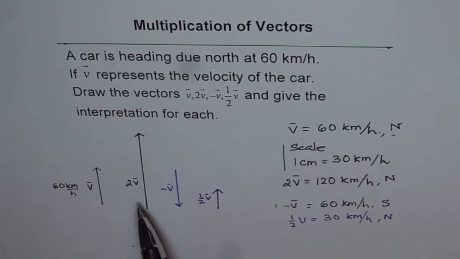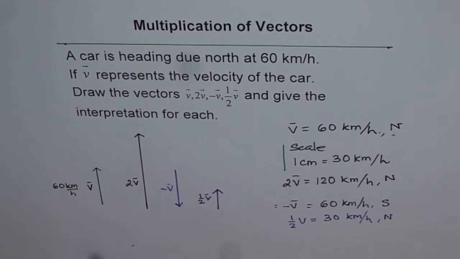If you multiply by a real number less than 1, its magnitude decreases. I mean absolute value less than 1. So the effect of multiplying a vector by a real number is a change in magnitude as well as a change in direction. Right? That's one thing we learned from here.